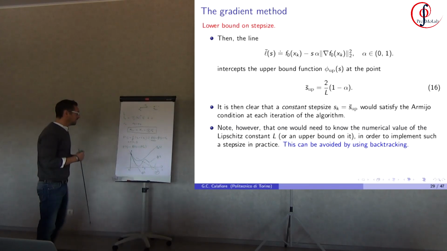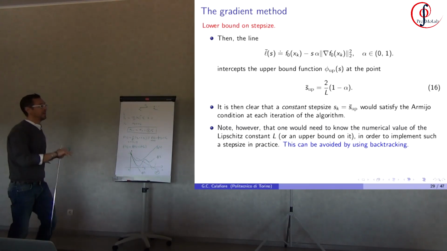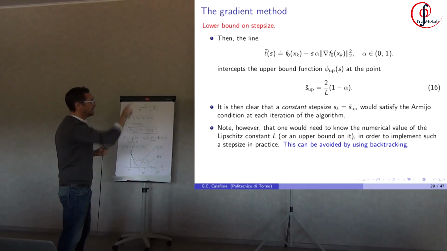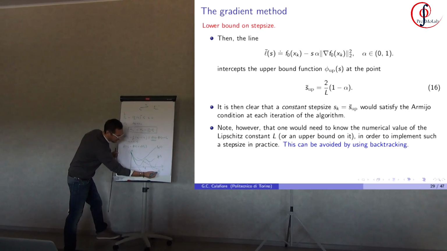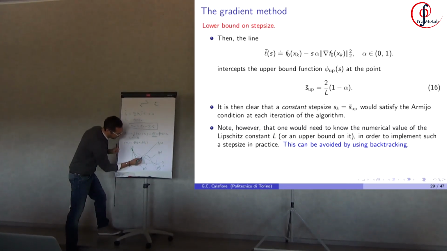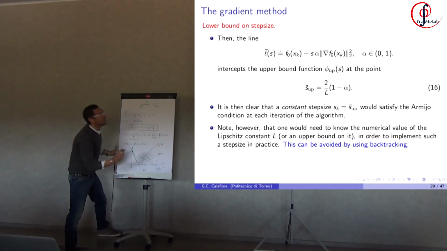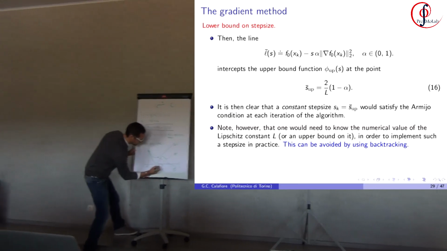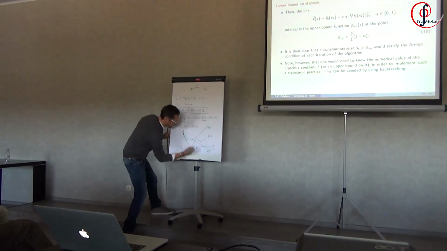So by doing a little calculation, which is quite simple in this specific case, the point at which the line L bar crosses phi up is some point here that we call S up.